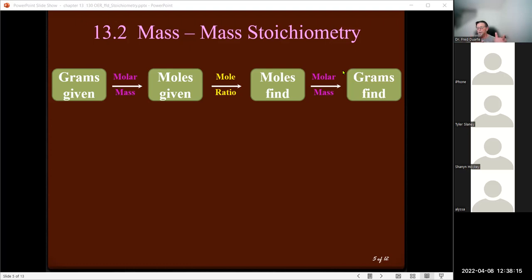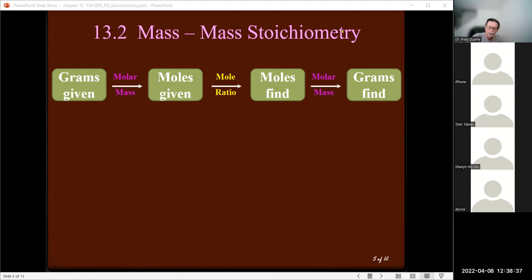All we know is at least one of the reactants, or maybe one of the products. And so we have to convert that mass to moles. We can't get from point A to point B without going through moles. Moles is the common factor to get from point A to point B.